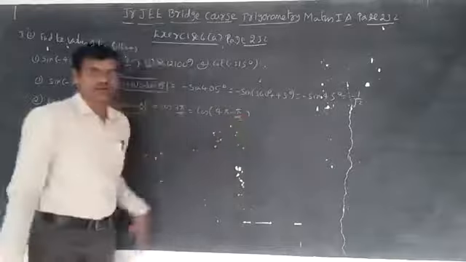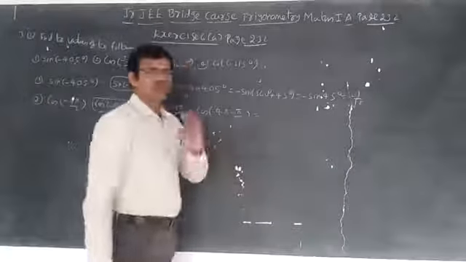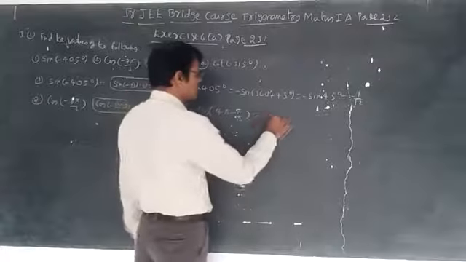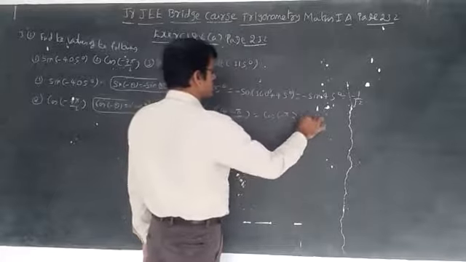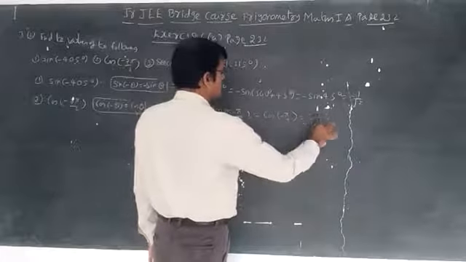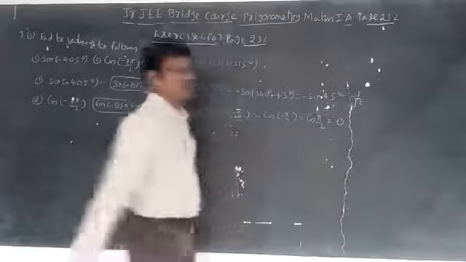Multiple of 2 pi is nothing but 0. So cos of 0 minus pi by 2, cos of minus pi by 2, there is no question of cos of negative. So cos pi by 2 means cos 90, and cos 90 value is 0.